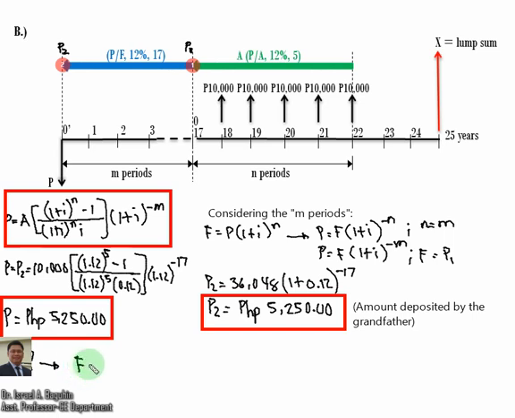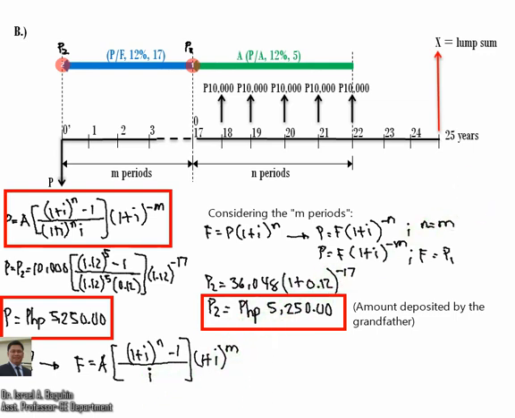F equals A times the quantity 1 plus i raised to the n minus 1 all over i, and then you multiply this with 1 plus i raised to the positive m.